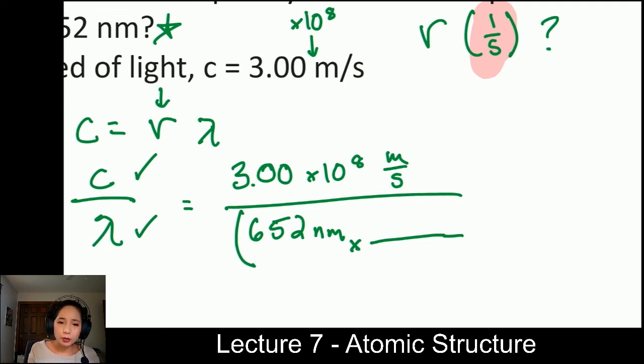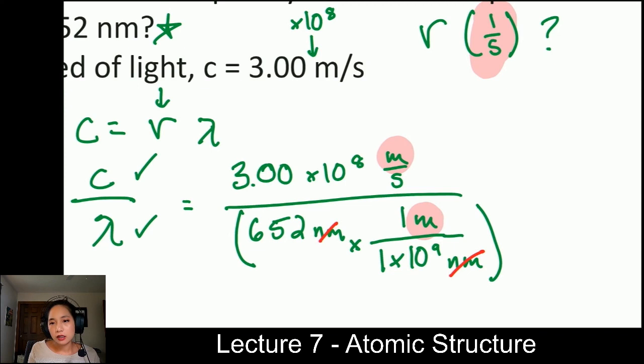Nano means 10 to the negative 9. I know that there's 1 times 10 to the 9 nanometers in 1 meter. So if I now look at my units, nanometers cancel, and I'm left with meter and meter. Those two units will cancel once you put everything into your calculator.